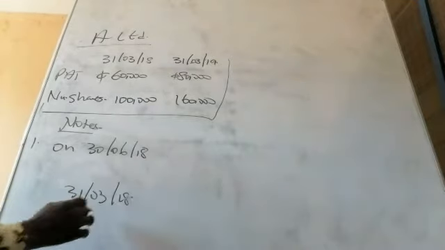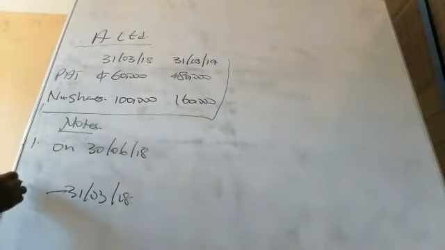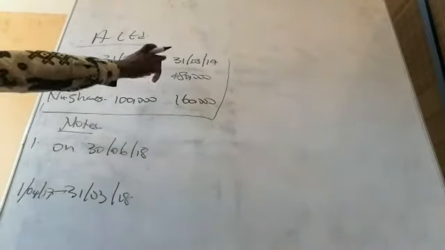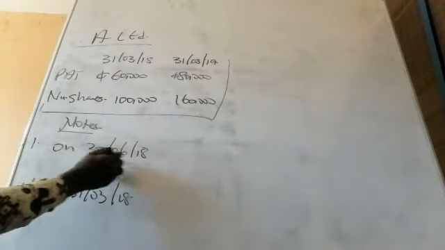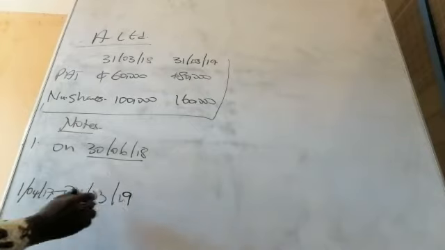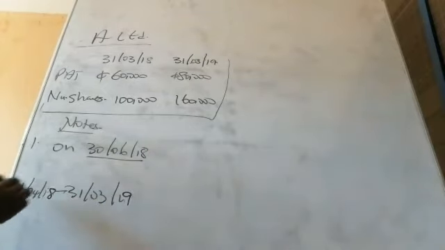The 2018 year starts from 1st April 2017. So these dates will affect the 2019 financial year. The 2019 financial year starts from 1st April 2018 and ends at 31st March 2019. Good.